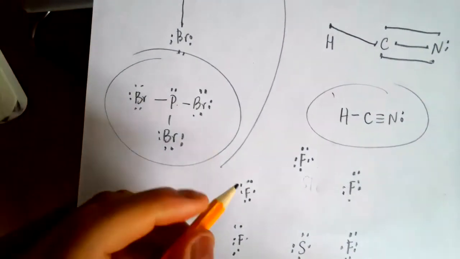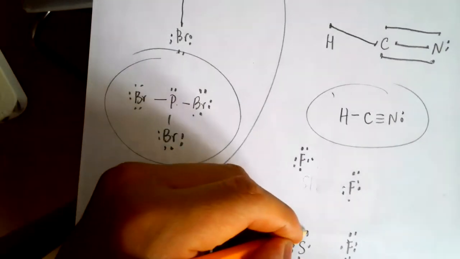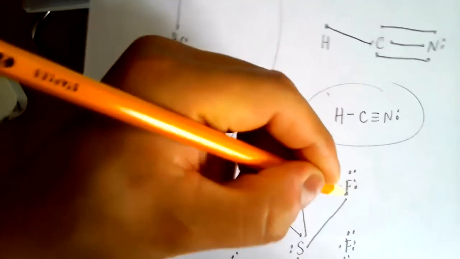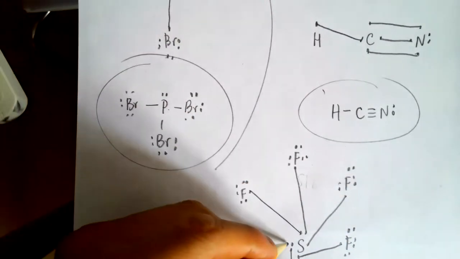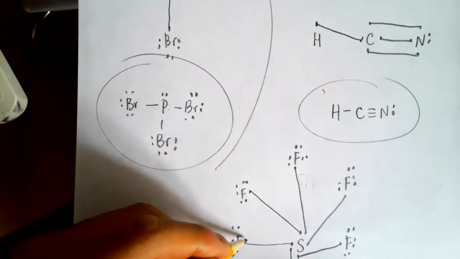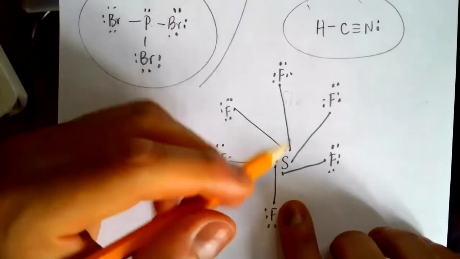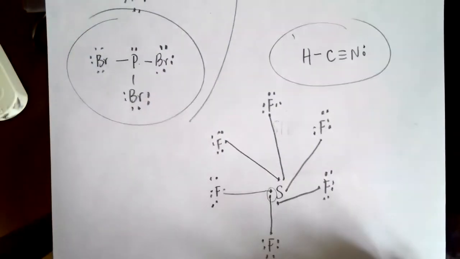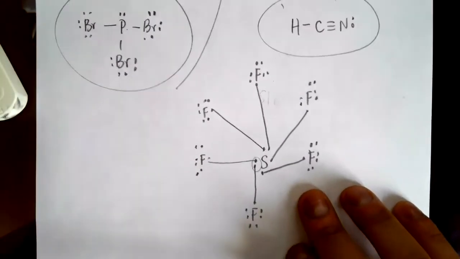Okay. So 1, 2, 3, 4, 5, and 6. I'm using every single electron, even breaking paired electrons, because these elements are already paired.